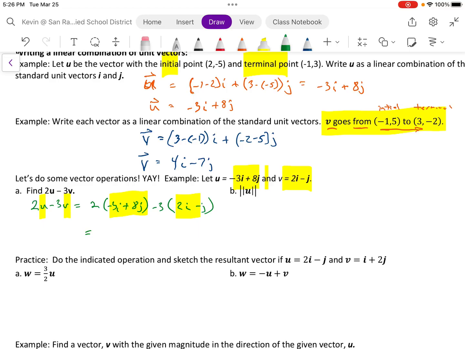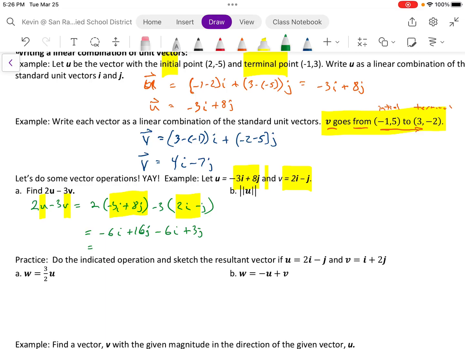Now we just do our basic distribution. 2 times negative 3 is negative 6i. 2 times 8 is 16j. And then negative 3 times 2 is negative 6i. And then negative 3 times negative j would be a positive 3j. Now we're going to combine these.